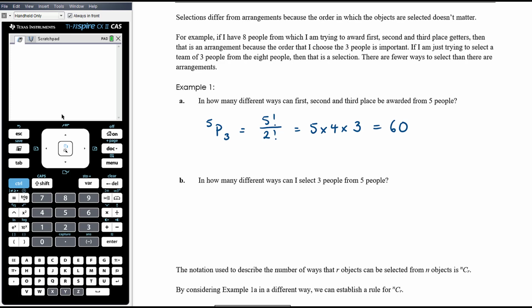So then part B, in how many different ways can I select 3 people from 5 people?